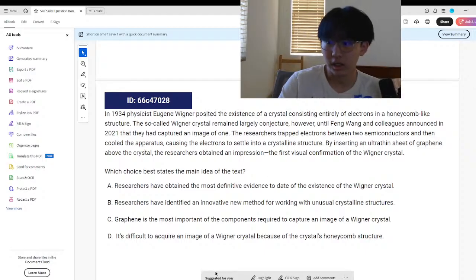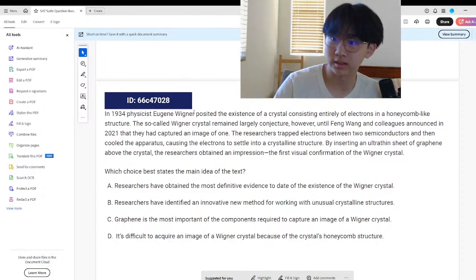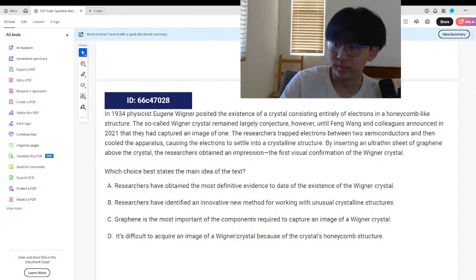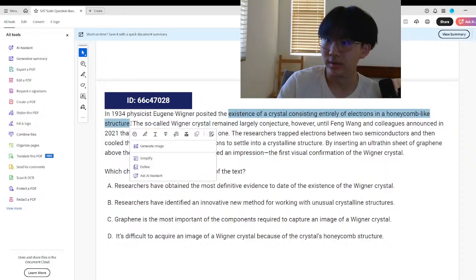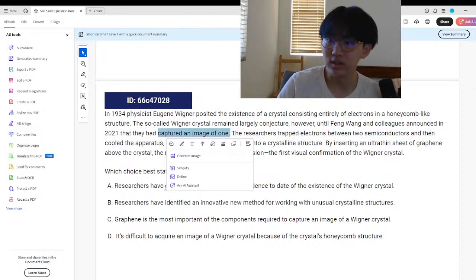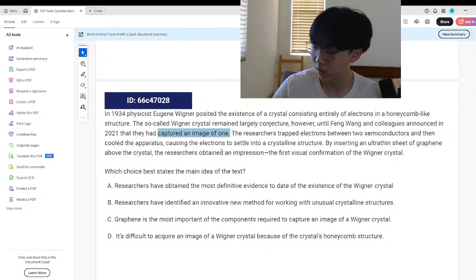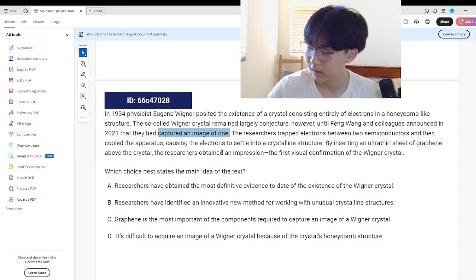Right here we see definitive evidence. We can trace that directly back to the text, seeing that the existence contains entirely electrons in a honeycomb-like shell. They captured an image of one, right? These are all terms pointing to A as the correct answer. So A is correct.